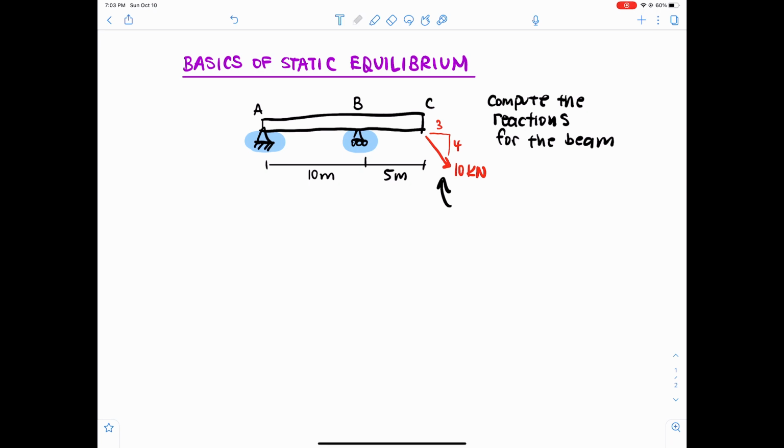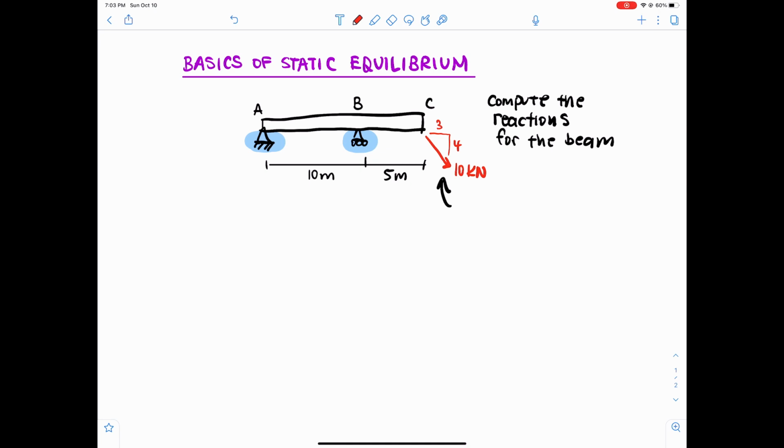So next is, how do we know what reactions there are? Well, at the beginning, I made a big deal about, I guess, just having whether it's a fixed or a hinged or a roller. Now, all of these terminologies must be new to some people watching this, so I'll just give a quick rundown of what they are.